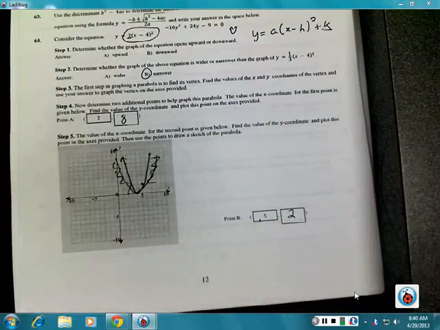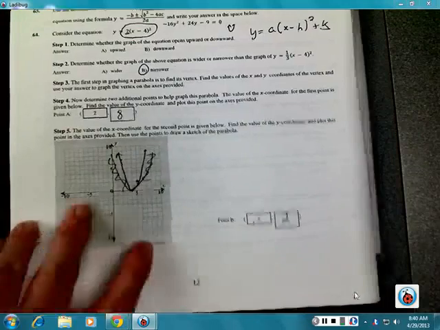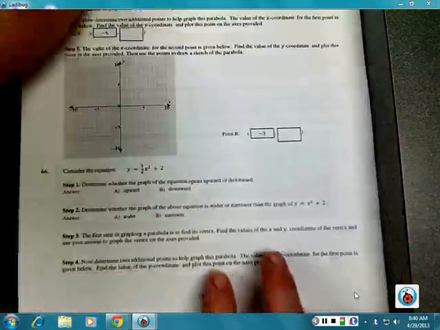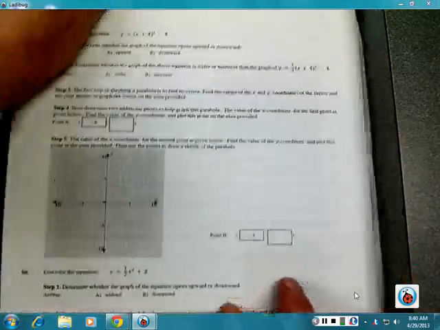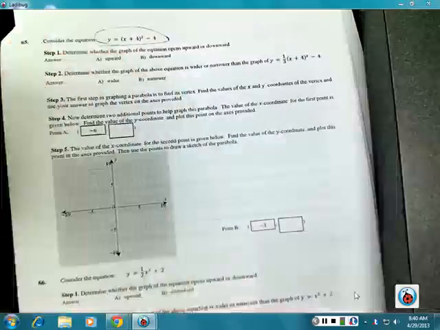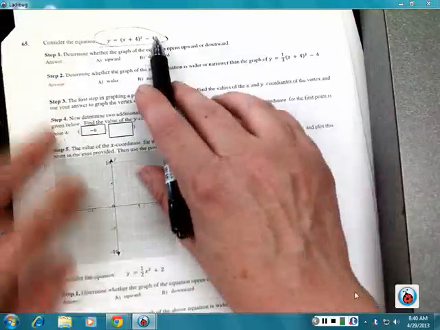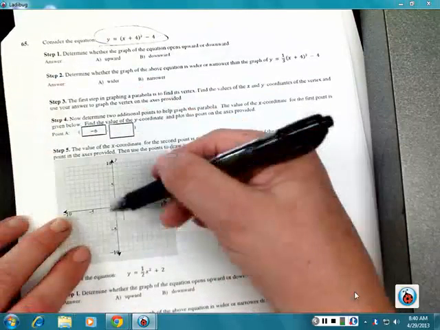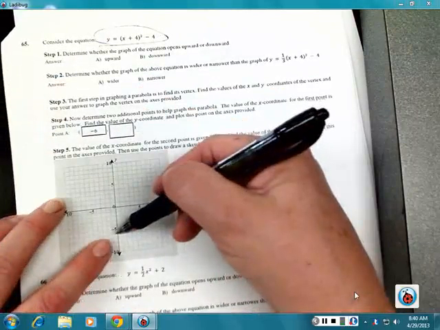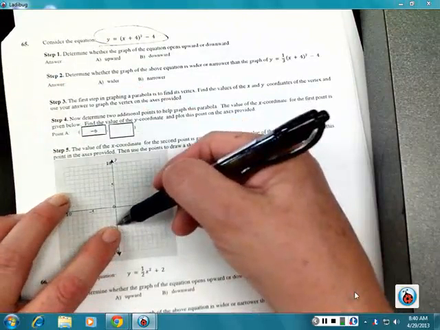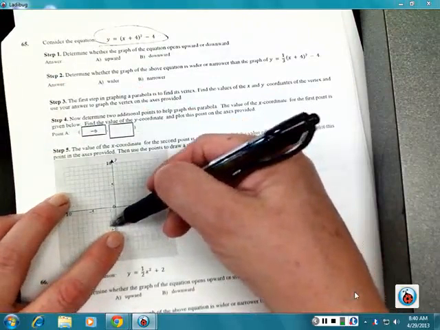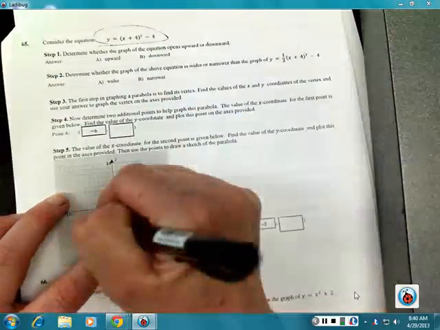Okay, make sense? Okay. See if we've got one in here that has the H in it. The next one has H in it. So on your test, your exam, you will be given an equation and you'll be asked to just graph it. So if I graph this one, the negative 4 means I'm going to be down 4, and I am going to go a negative 4 over. 1, 2, 3, 4.